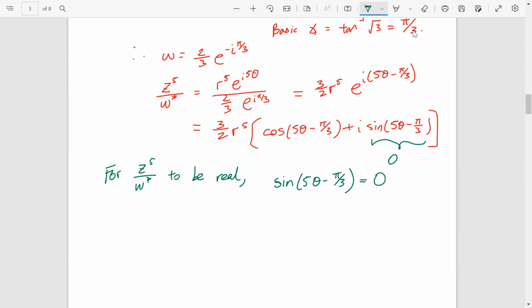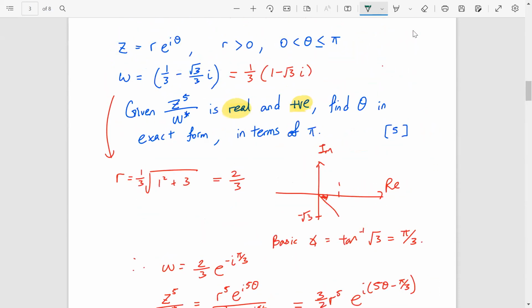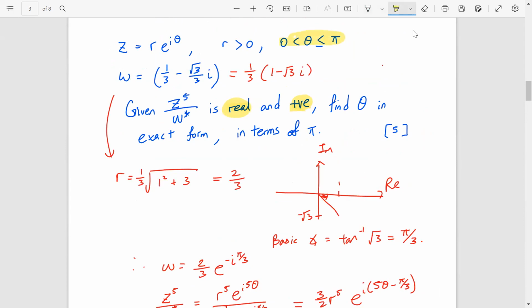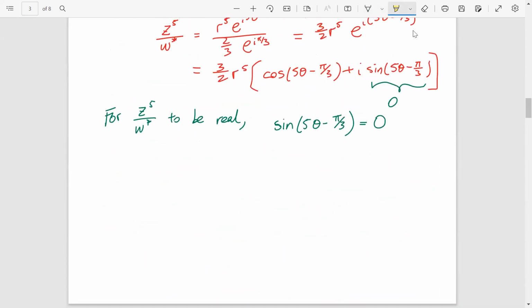Now there are many ways to solve this. This one is simple because they already give you that θ is between 0 and pi, so there are fixed values. After I solve this, I will show you what if the values are not fixed, meaning a range of values. That's another one. So for this case, 5θ will be between 0 and 5 pi.